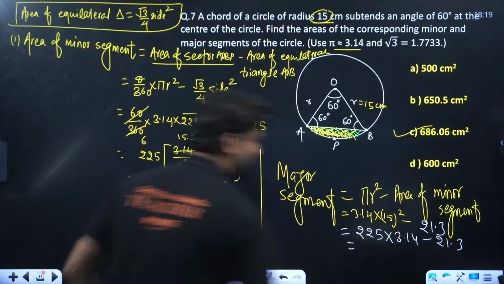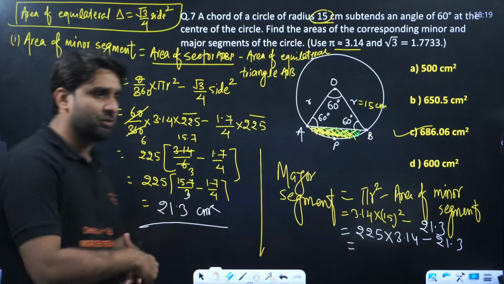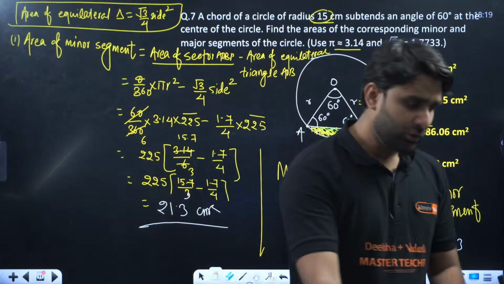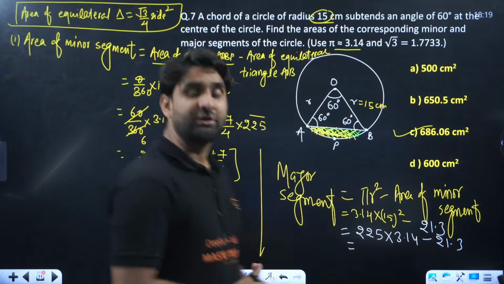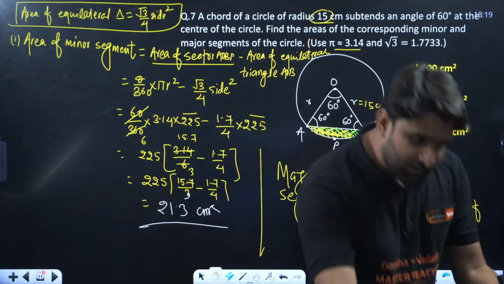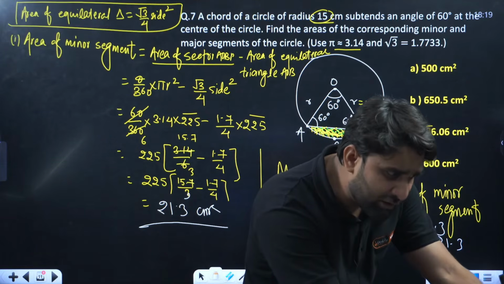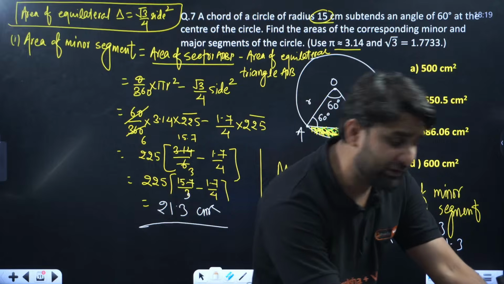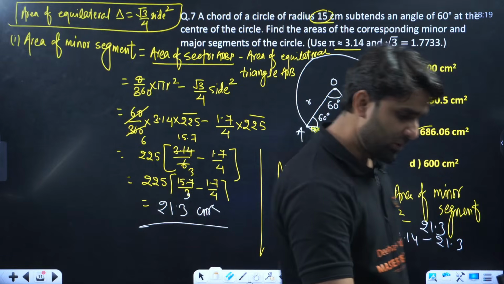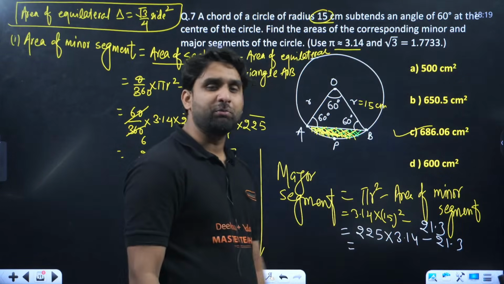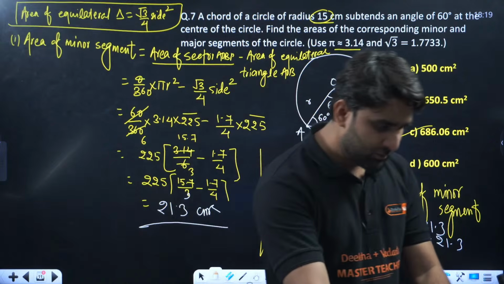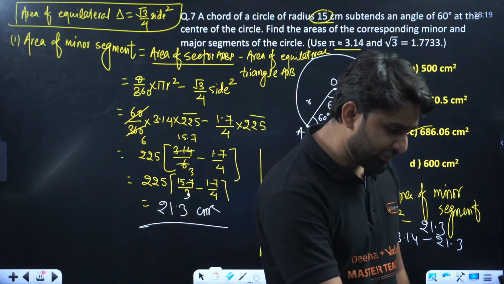Let's calculate. What will be the result? 225 into 3.14. Come on, write it down in chat section.